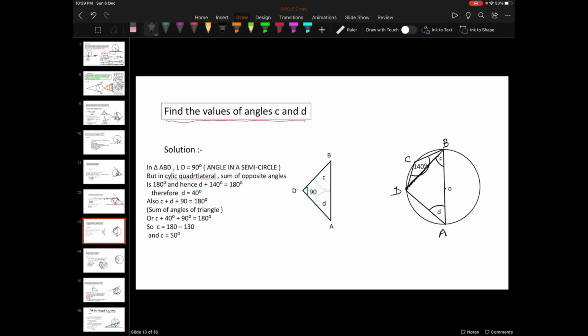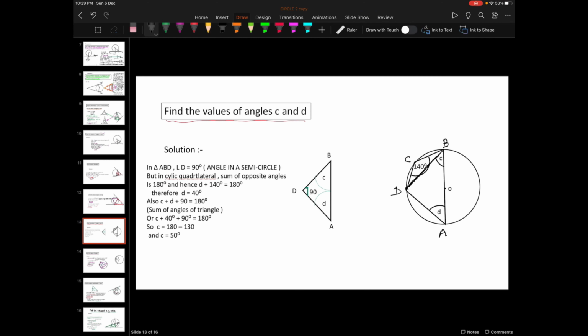Now the next question is find the values of angles C and D. Look at the given figure. Here A, B, C, D is a cyclic quadrilateral. We already know that the sum of opposite angles is 180 degree in case of cyclic quadrilaterals.